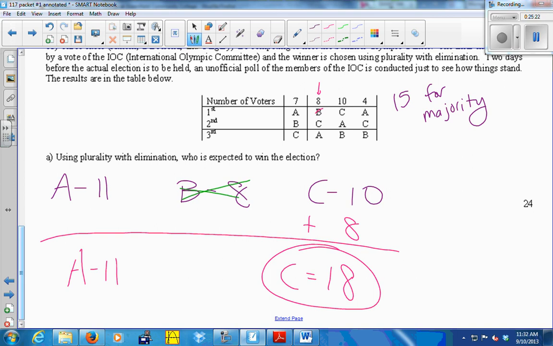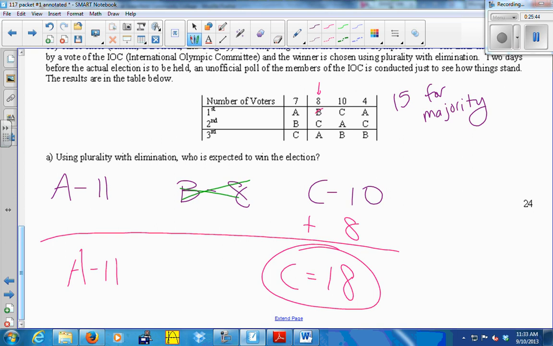We're going to put Calgary into first place because we want to be able to say we picked the winner, right? So we're going to make a new preference schedule where we put Calgary in first place instead of Athens. And that means that these 4 people are going to vote the same as these 10 people, right? So we're going to have 14 ballots that go CAB.